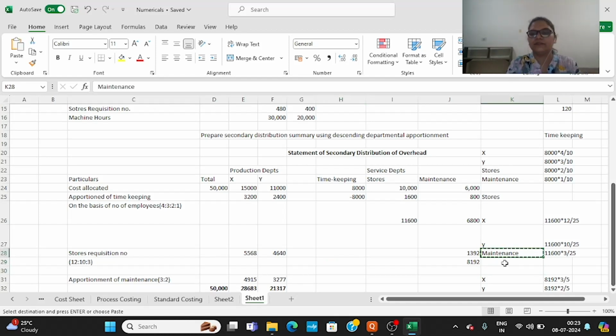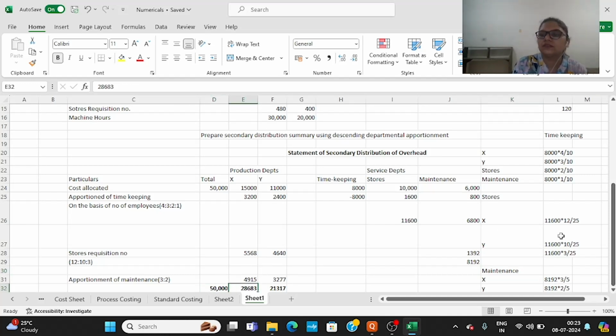There's a certain mistake, we will type it over here. So this is the maintenance department, the cost of which is 8192, and it has been allocated to production X and Y, and it comes out to be 4915 and 3277.